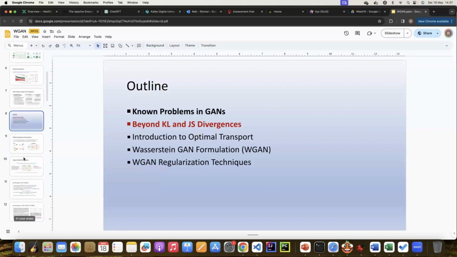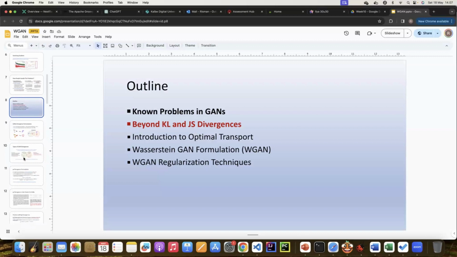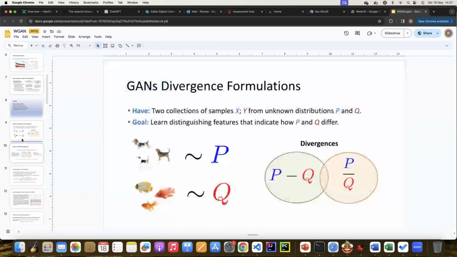But after Wasserstein GANs were introduced, people have a better understanding regarding the theoretical perspective of GAN. So what really happened is, let's say I have two samples, dogs and fish.